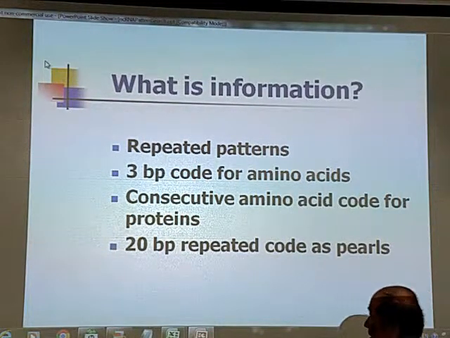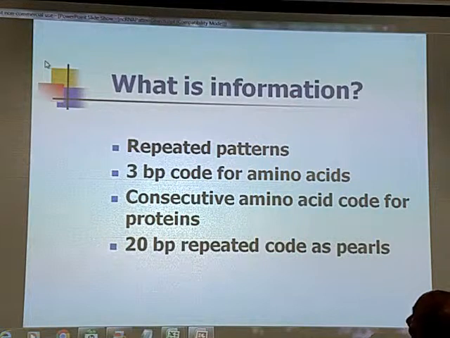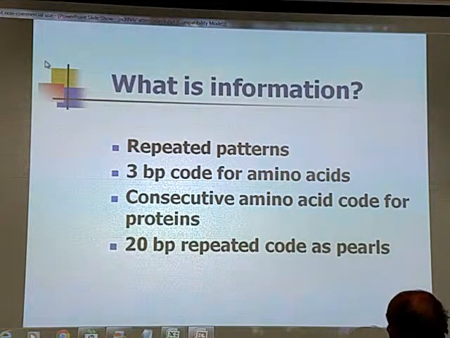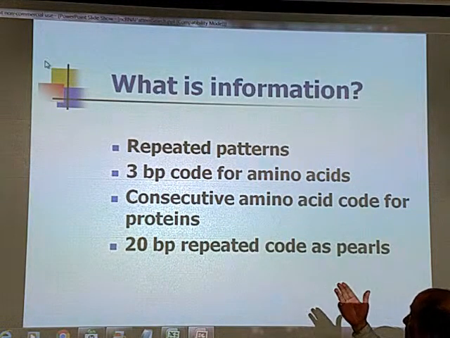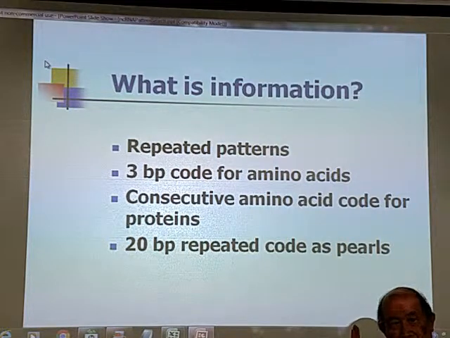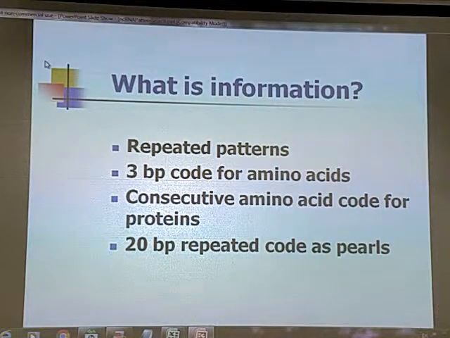So in the genome, in the coding DNA or coding RNA, we knew that 3 base pair code. There are lots of three base pair codes which code for amino acids.